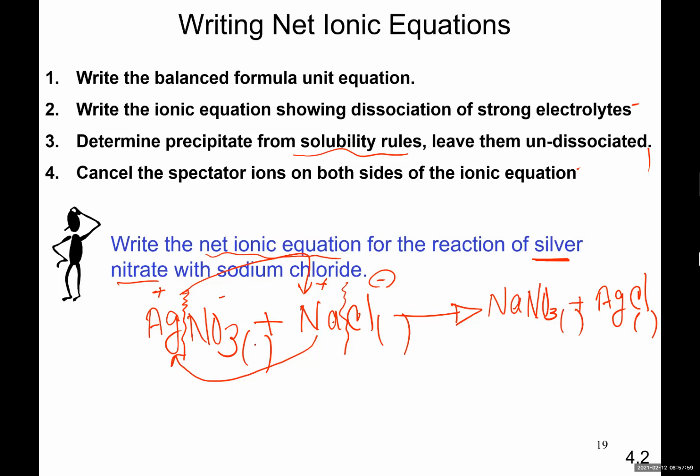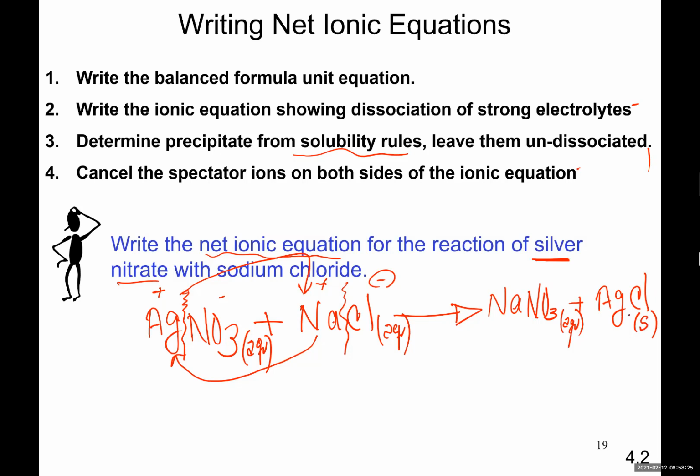Silver nitrate, if you use that solubility table, it's water soluble. Table salt, of course, we know that is water soluble, aqueous. Sodium nitrate is water soluble according to the table of solubility, and AgCl is actually not soluble. You write S.